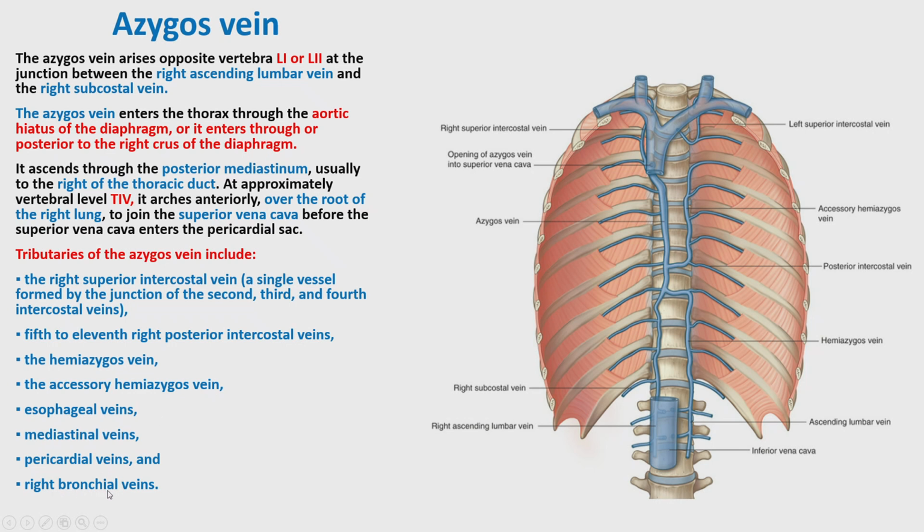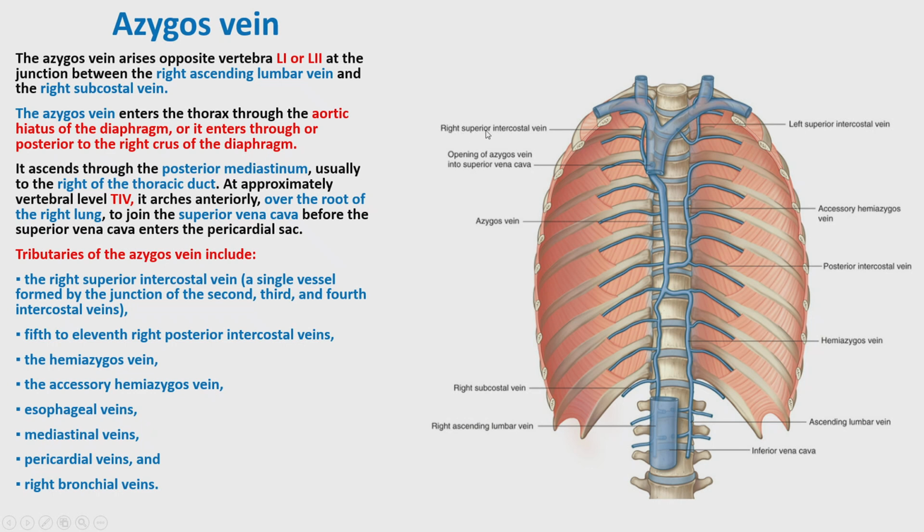For example, we have visceral tributaries: the right bronchial, right pericardial, mediastinal, and esophageal veins. As we said, the main tributaries are the accessory hemiazygos vein and the hemiazygos vein together, and also the posterior intercostal veins.